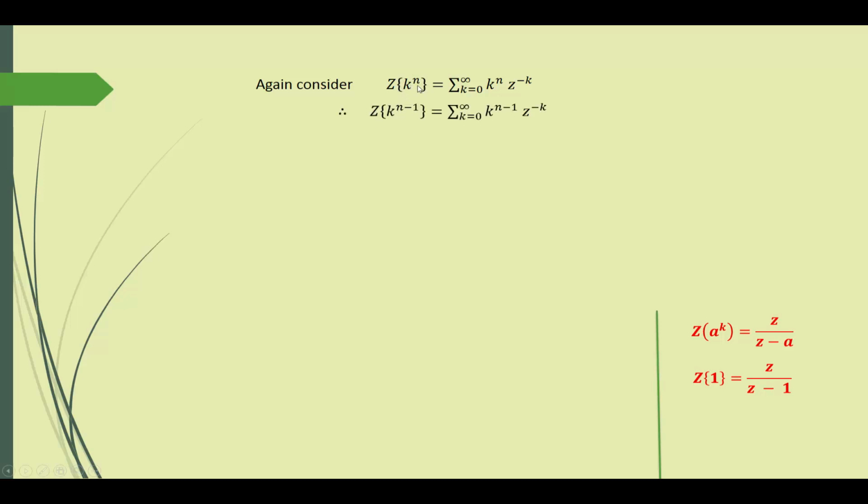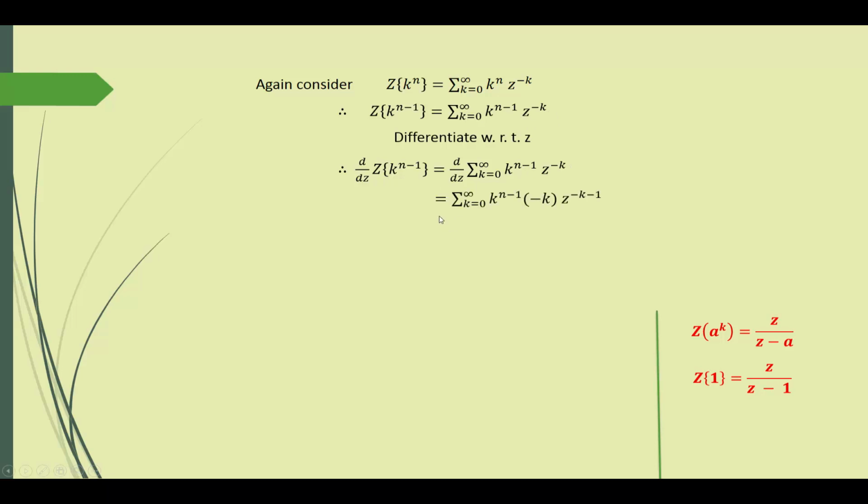Therefore Z transform of k^(n-1) equals sigma k^(n-1) z^(-k). Now differentiate this equation with respect to z. Write d by dz. So d by dz of Z transform of k^(n-1) equals d by dz of sigma k varies from 0 to infinity k^(n-1) into z^(-k).